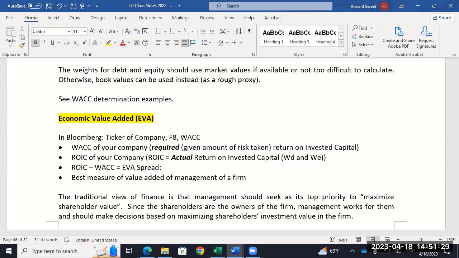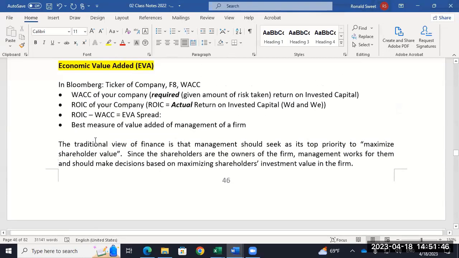So what we're doing with EVA is we're assessing how good of a job management's doing, which is pretty important. If you have a Bloomberg account, Bloomberg has an EVA function. You just find your company and type WACC, W-A-C-C, and it gives you a good indication of what EVA is. So WACC you just did, that's the cost of capital of the firm.